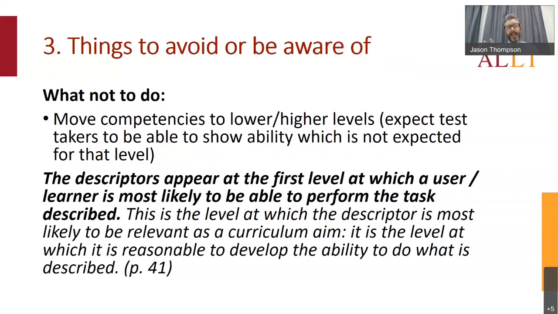You shouldn't expect test takers or students to show an ability which is not expected for that level. For example, paragraphing comes in at B1, so you can't suddenly move paragraphing to A2. Again, this is something that is recommended in the companion volume.